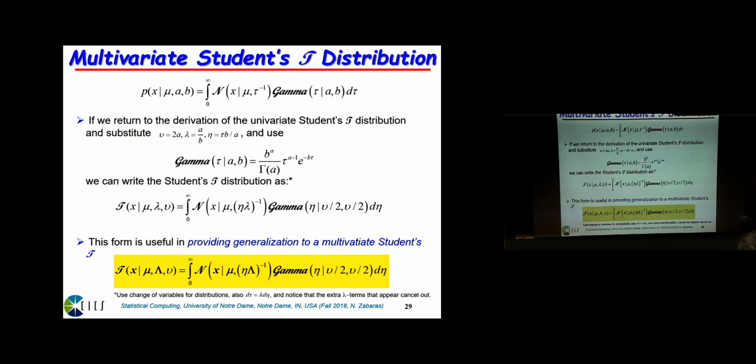So for example, this distribution would be equal to this distribution times d eta divided by d tau. And what is d eta over d tau is b over a, and what is b over a? 1 over lambda. So you're going to have to change the variable you're integrating. Here is tau. We're going to have to integrate on eta. So lots of things cancel out, and you get this nice formula.